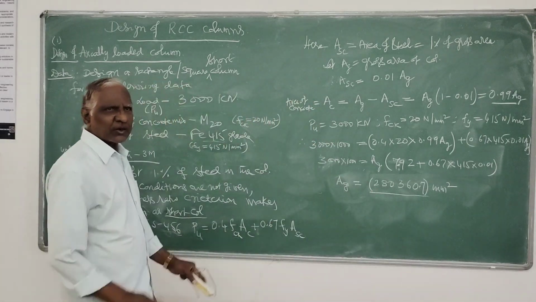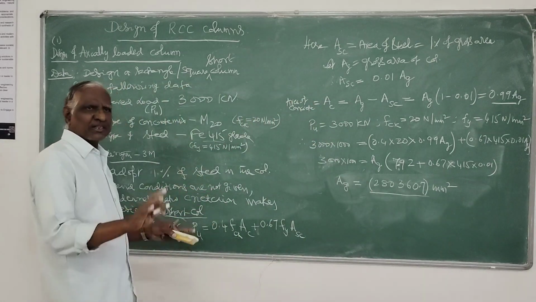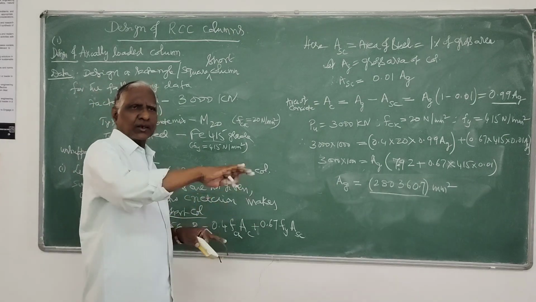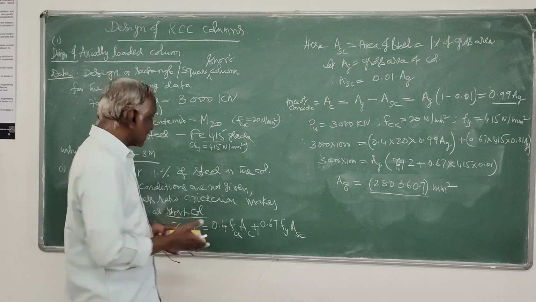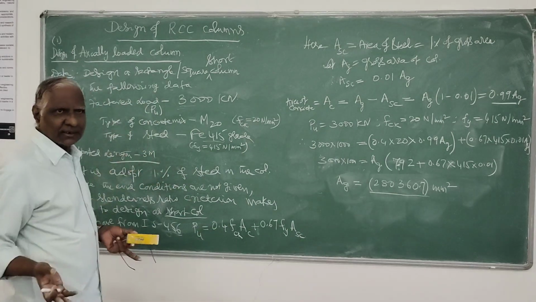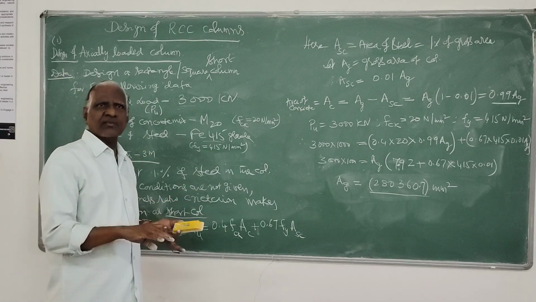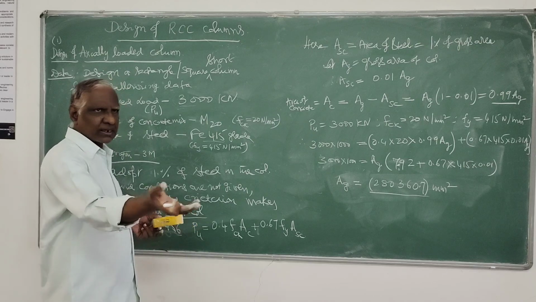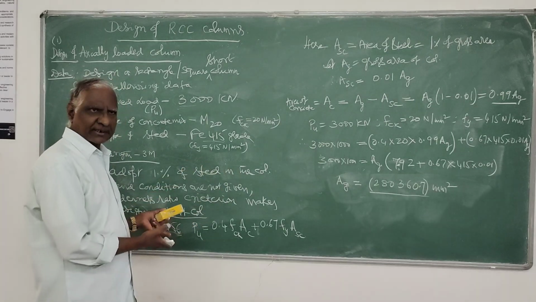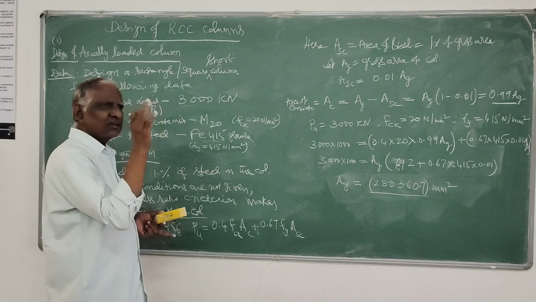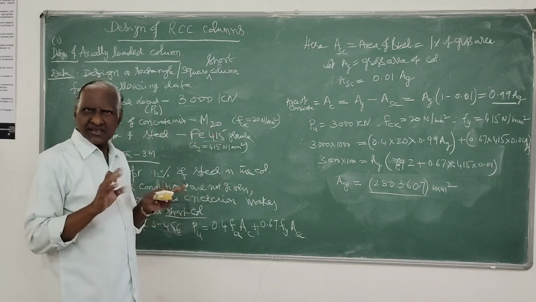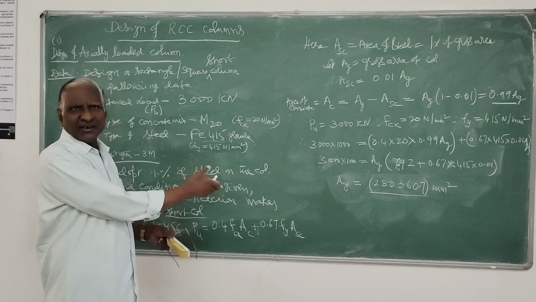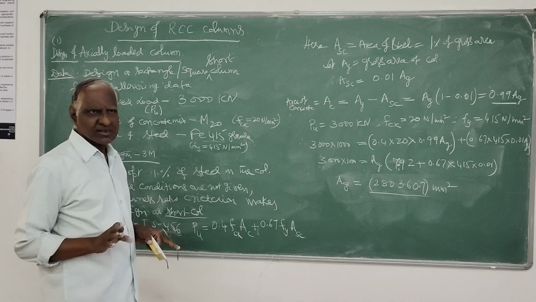Yes, sir. Now you have to proportion. You have to decide whether to go for rectangular column, circular column, or square column. That's also not specified. Generally, we go for either square or rectangular column, because if it is subjected to moment, we have to use ready-made charts. Ready-made charts are available only for rectangular and circular. So we have to decide rectangular or square.